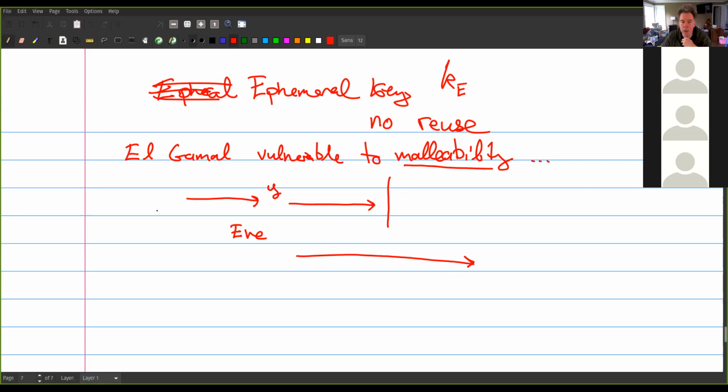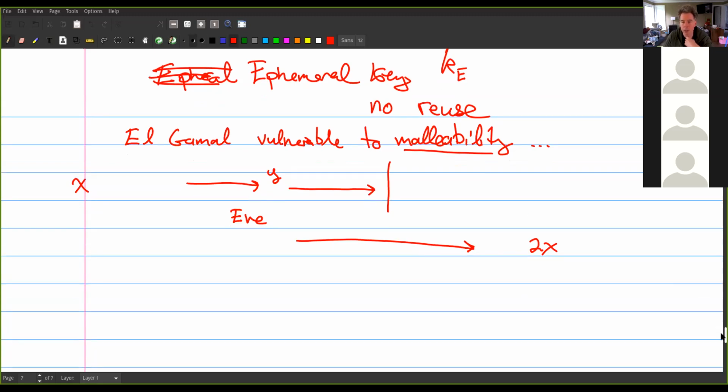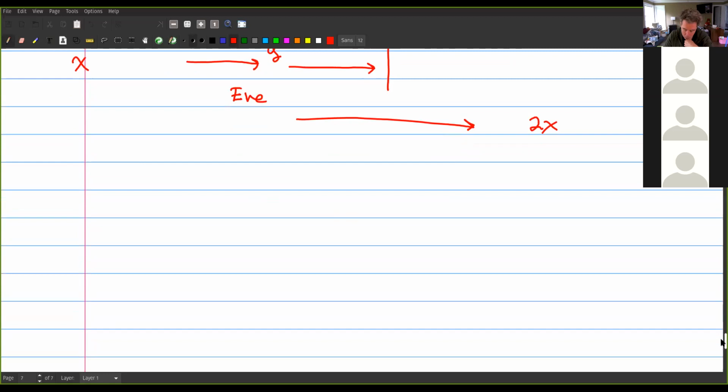So for example, if Alice sends X encrypted as Y, Eve can make a change to Y that will make Bob think that the plaintext was 2X instead of X. So she can make a targeted change to the decrypt. So that's not good. Let's see how that works.